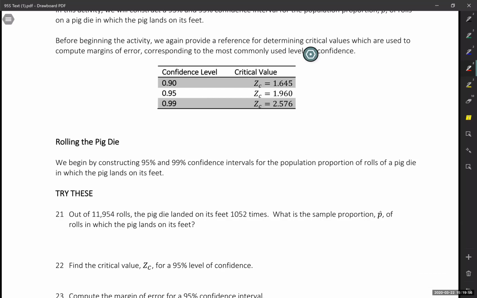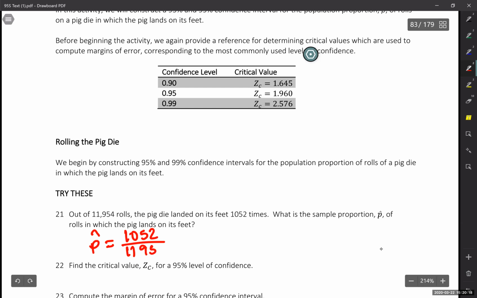And so make sure you are taking your time to read through this and slow it down as needed. But it says, what's the sample proportion that it lands on its feet? So we know that it is going to land on its feet 1,052 times out of 11,954 times. So that's about 0.088.